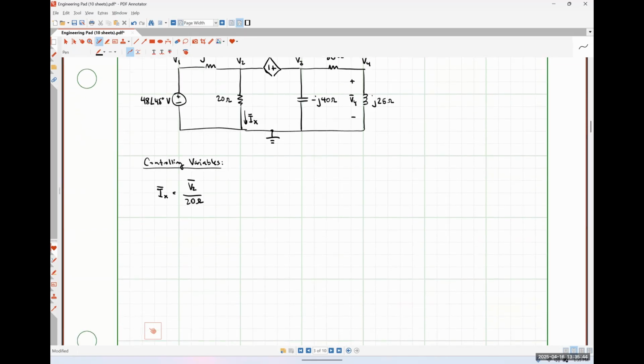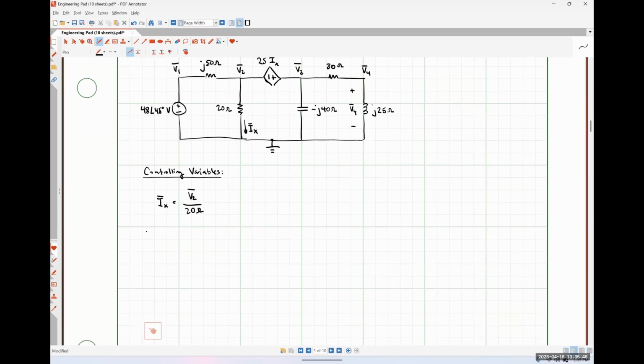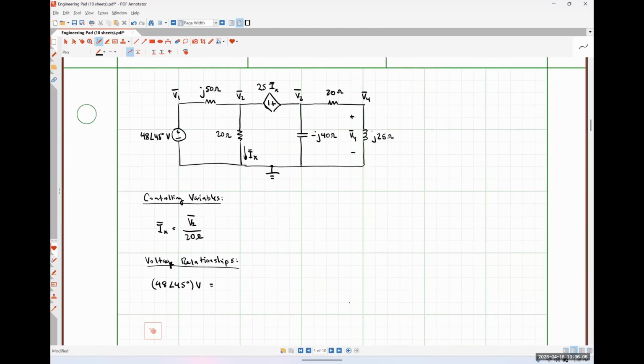I have 2 voltage sources, so I'm going to have 2 voltage relationship equations. So I'll start with that 48 angle 45 degrees volt source. So how does that relate to my nodal voltages? Just V1, absolutely right.